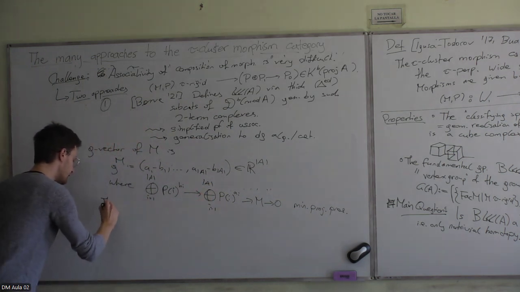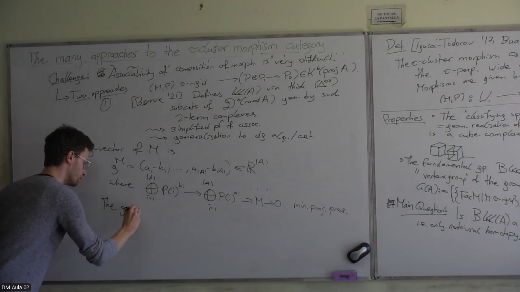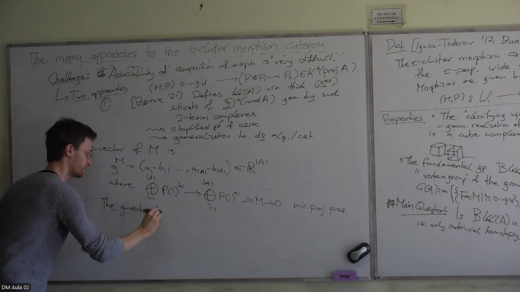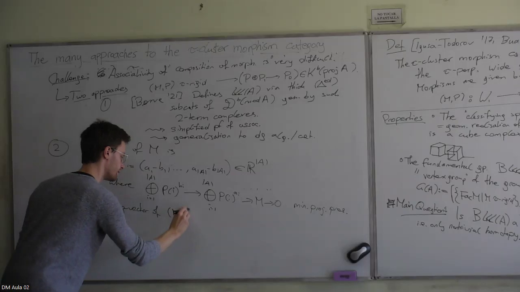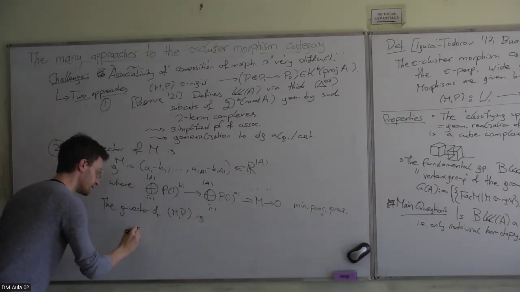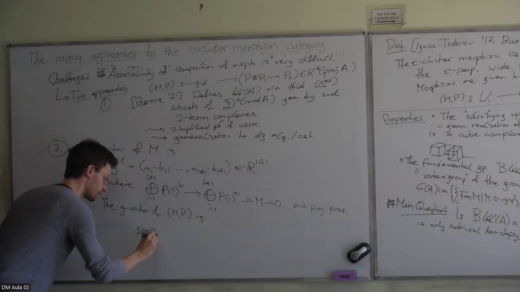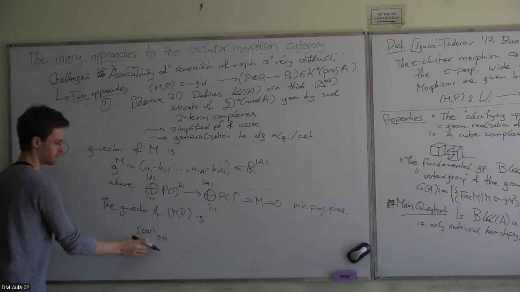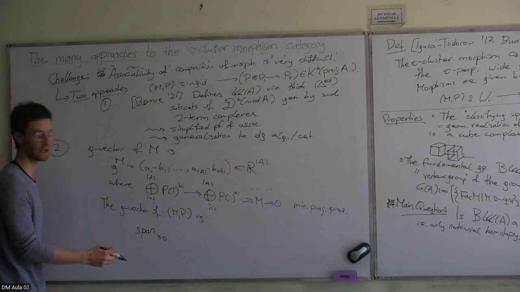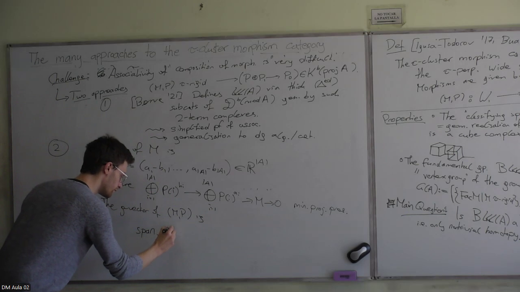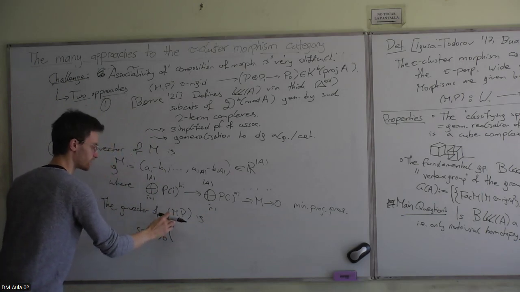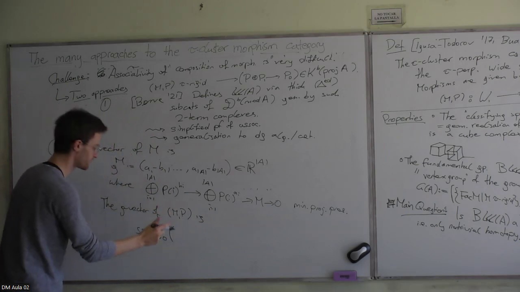Now we can define the G vector cone of some pair as the non-negative span, so non-negative combinations of the G vectors of the indecomposable direct summands.